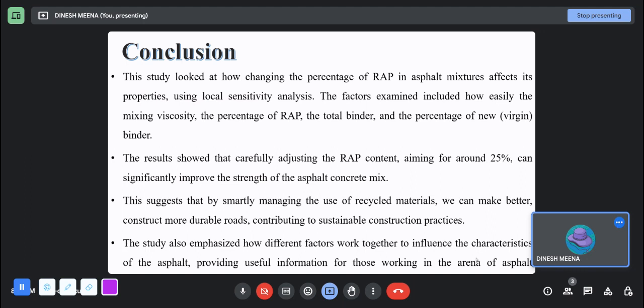Conclusion: the study looked at how changing the percentage of RAP in asphalt mixture affects its properties. Using local sensitivity analysis, the factors examined included the mixing viscosity, the percentage of recycled asphalt pavement, the total binder, and the percentage of new or virgin binder.